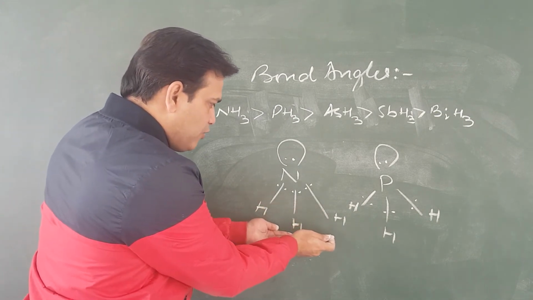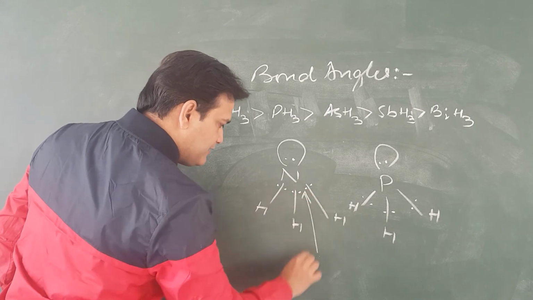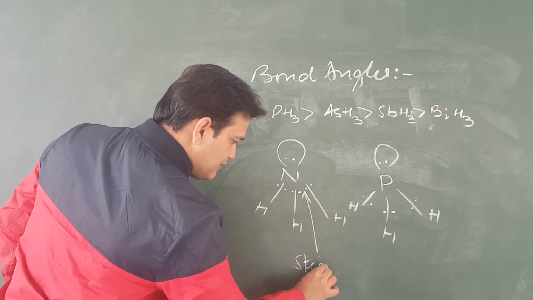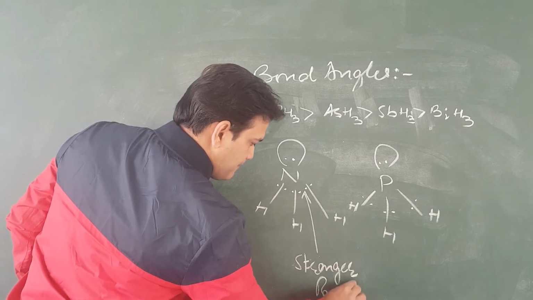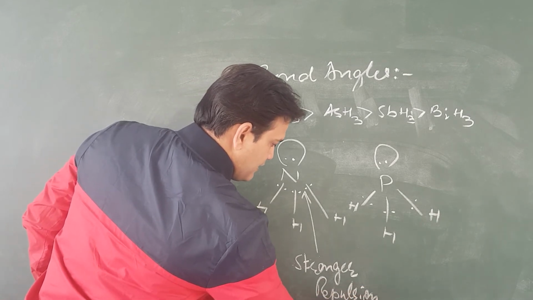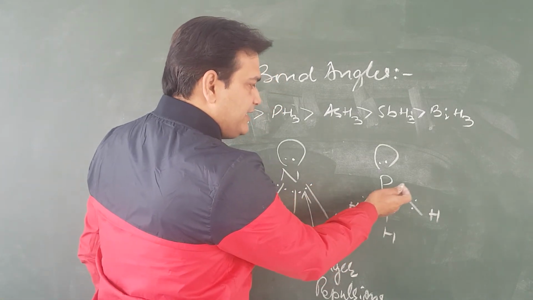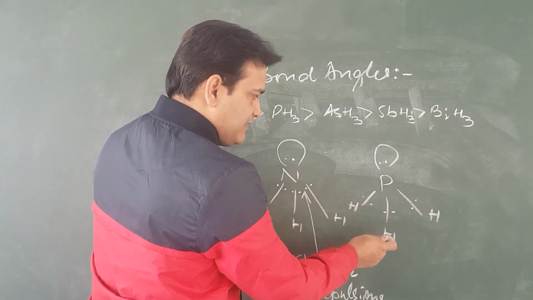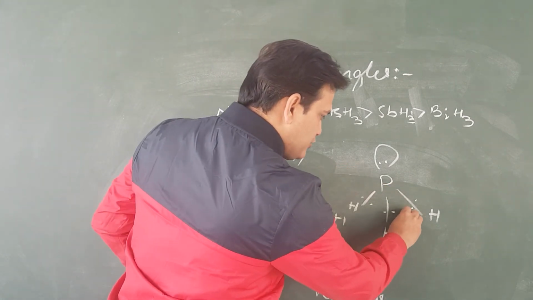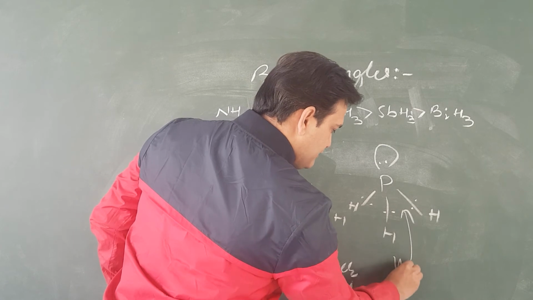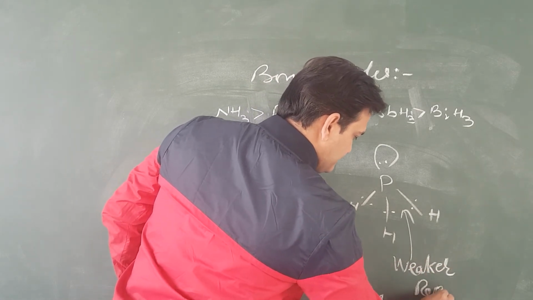As the nitrogen cloud is very close, there are stronger repulsions. And due to the lesser electronegativity of phosphorus, the bond electron pairs are a little away, so there are weaker repulsions.